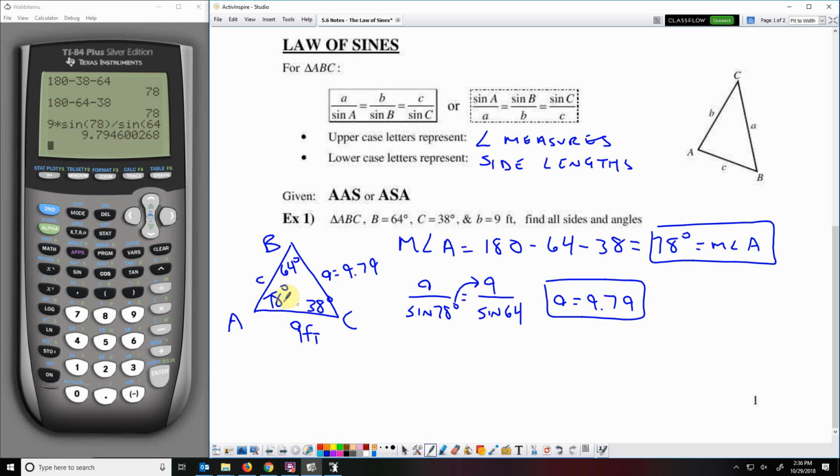So we're going to do C over sine 38 equals, so instead of doing 9.79 over sine 78, I'm going to use a number that I know is exact, 9 over sine 64.